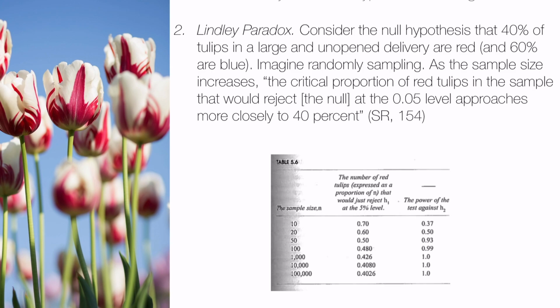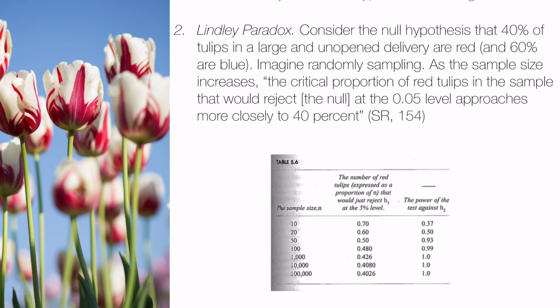Now, what would the frequentists say in defense of this paradox? Well, one thing that they'll say is that a hypothesis test with a really large sample size is very sensitive to small changes from the null hypothesis. So basically, if you have a huge sample size, you will often reject the null hypothesis when your sample proportion is quite close to the value under the null.